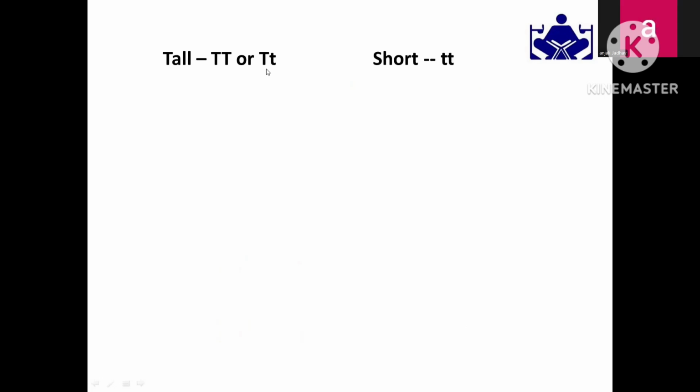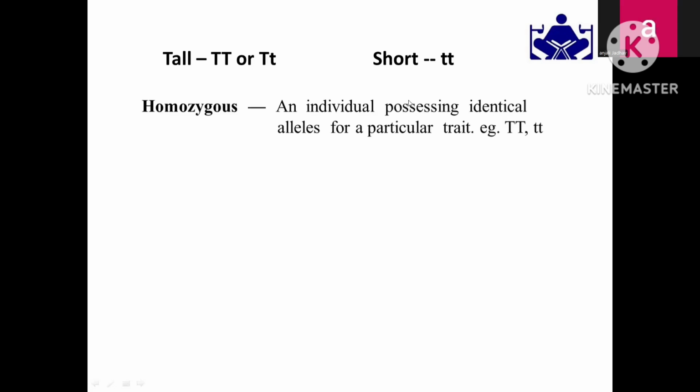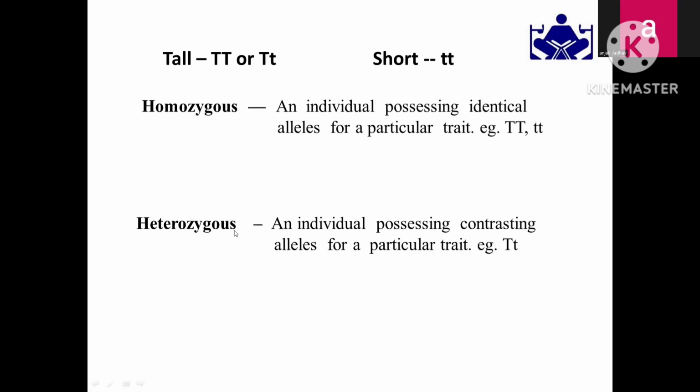The gene for dwarfness is small t, small t. When alleles are identical, then it is called homozygous. And when alleles are contrasting, then heterozygous.